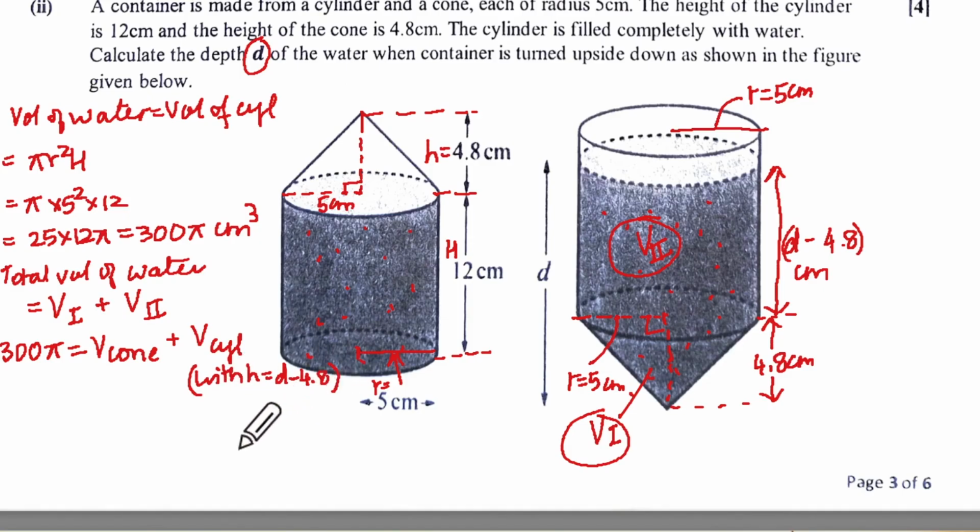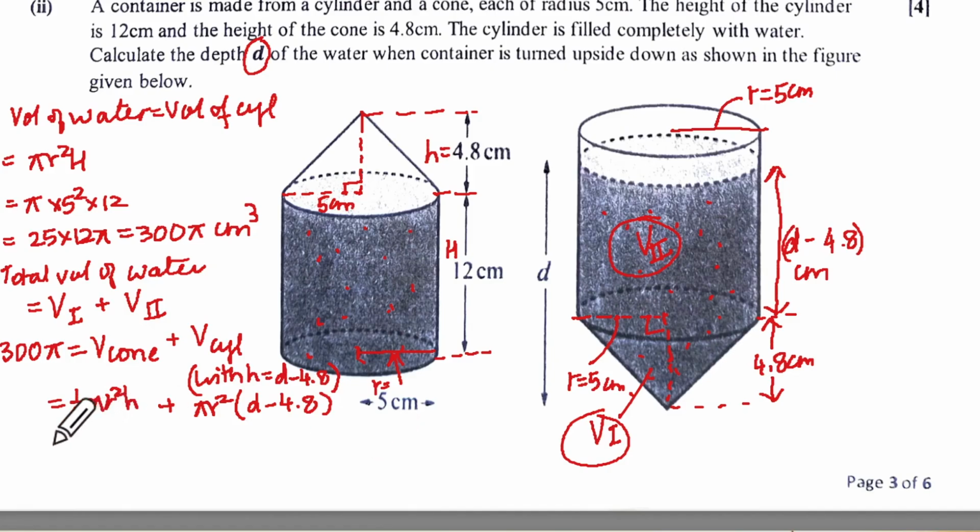Did you understand what I wrote? Yes, ma'am. Okay, 1/3 pi r square small h is the volume of the cone, plus here it will be pi r square, and the height is d minus 4.8. Did you understand this?